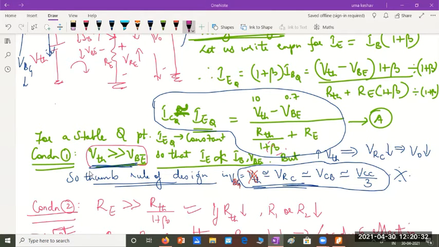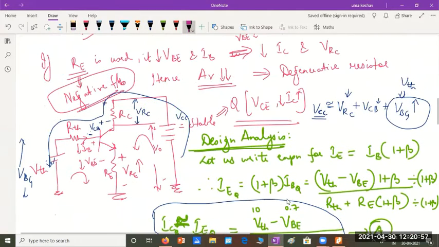So we'll do an optimal design by using the thumb rule, which states that the Thevenin's equivalent voltage, or the voltage between base and ground, should be approximately equal to the voltage drop across the resistor RC. It should also be equivalent to the voltage drop across the collector base junction.